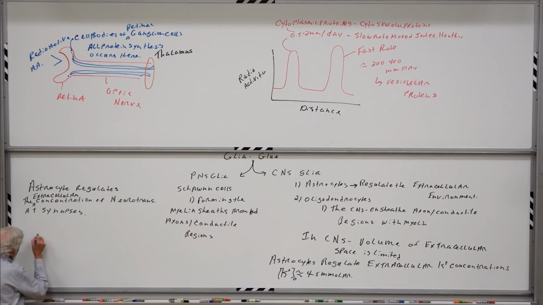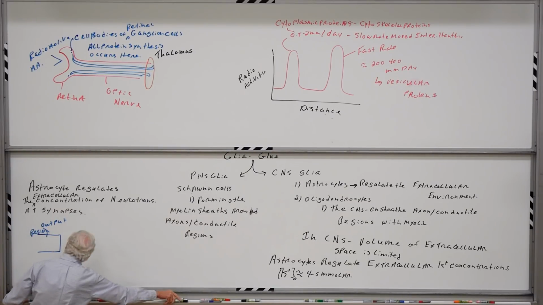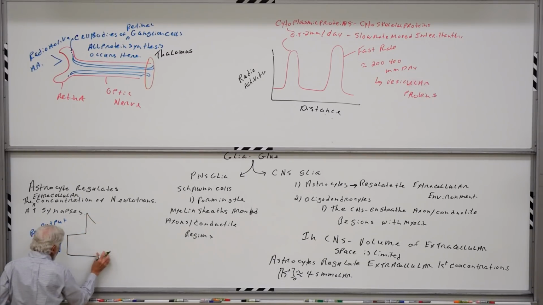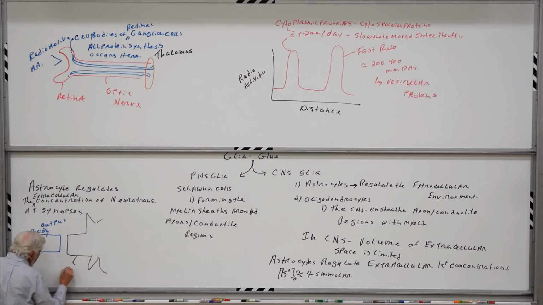So if this is a neuron, and this is the output region, and in black, right next door, here is the input region. So we could make it one of the spiky pineapple things if you like. But this is meant to be input.